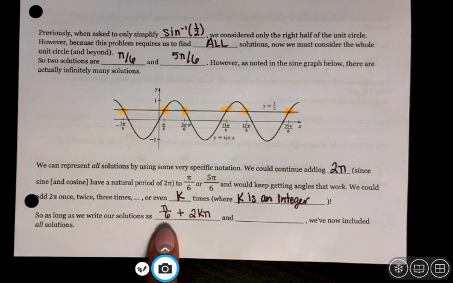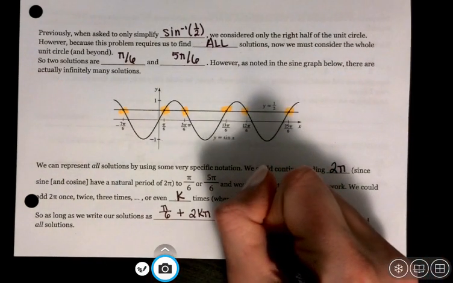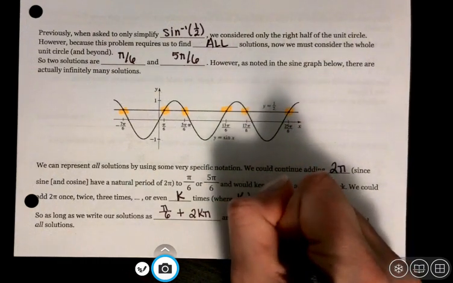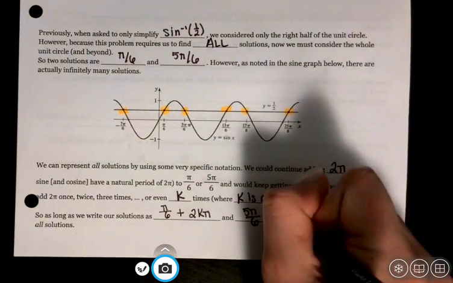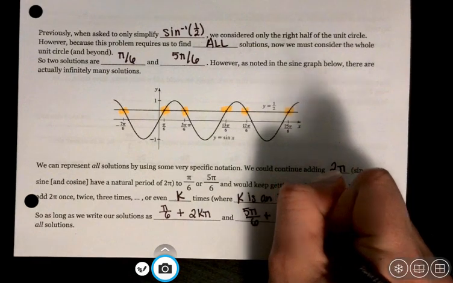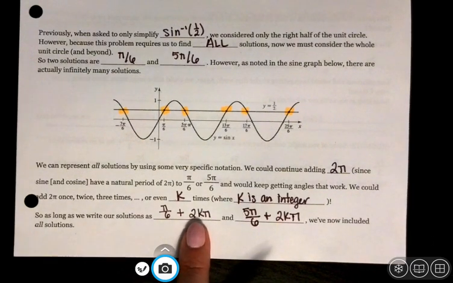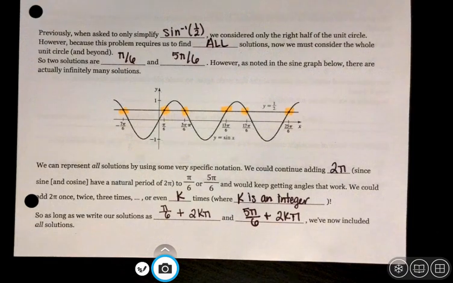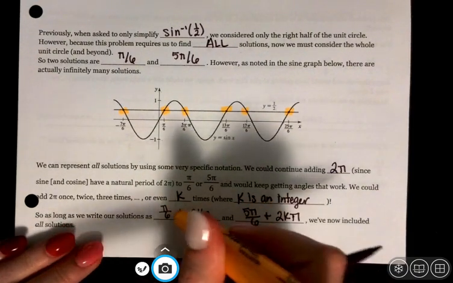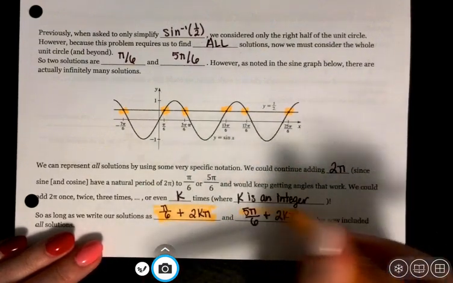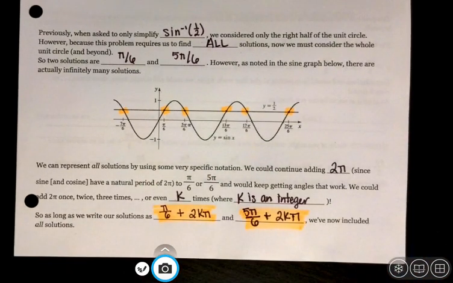So we have pi over 6 plus 2k pi and 5 pi over 6 plus 2k pi. And that will include all of the coterminal angles, whether they're positive or negative, because k is an integer. And that way we get all of our solutions. So I'm going to highlight this because it's our answer. That and that. And you have to have both to get full credit.